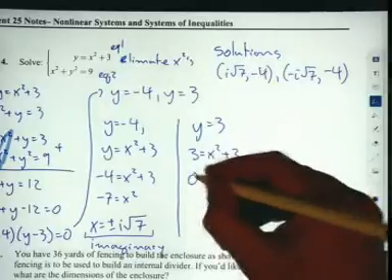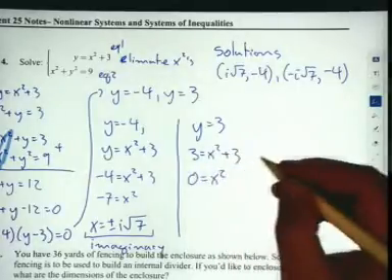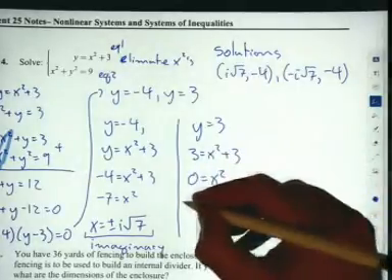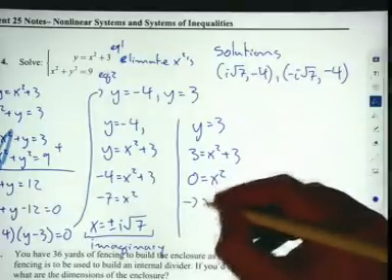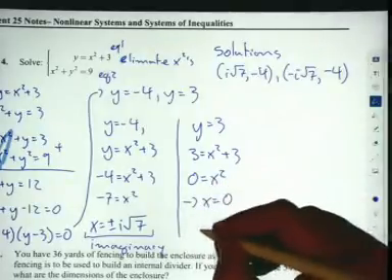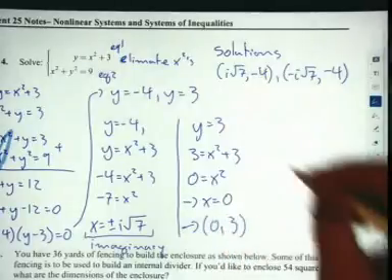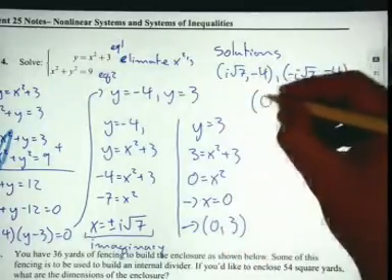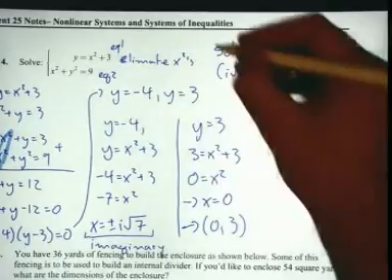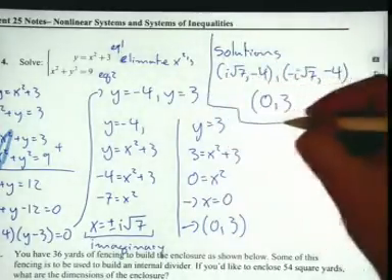Subtract the 3 on both sides, so 0 is equal to x squared. And this is pretty straightforward. You get x is equal to 0, so you get the solution 0, 3. So here are our solutions.